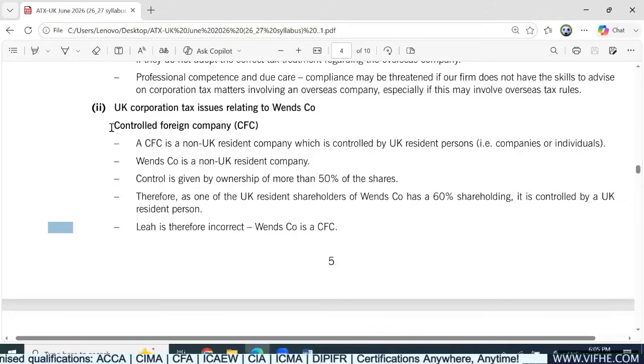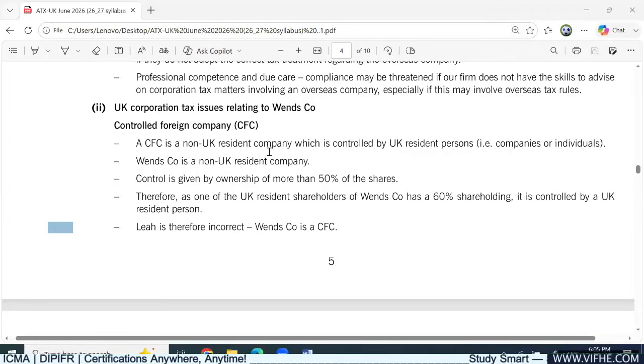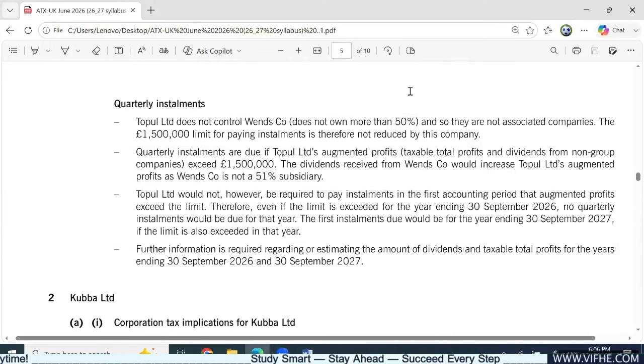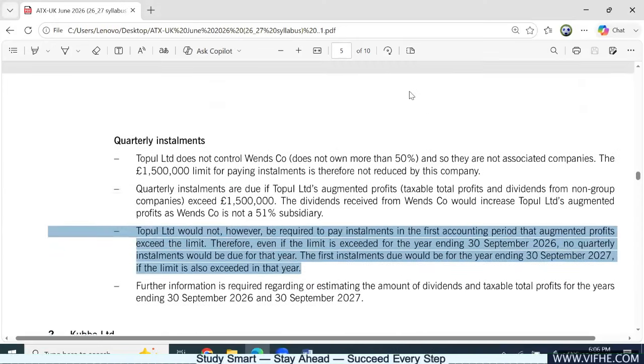And see, they did put a suitable relevant heading first, and then they drafted their answer. And this is the issue related to quarterly installment payments.